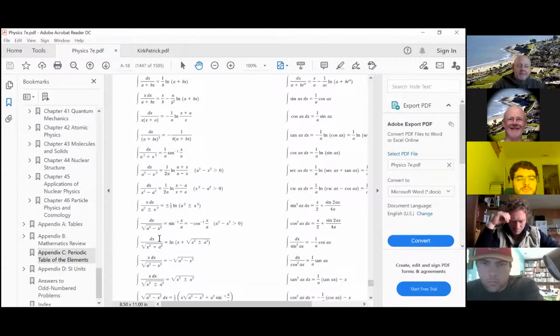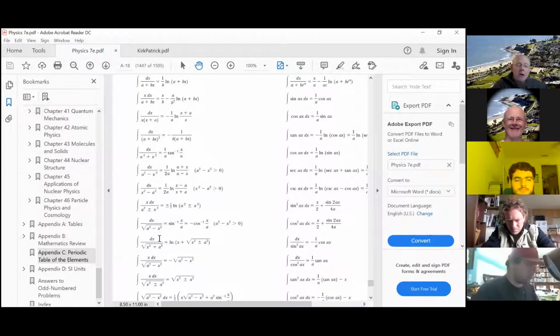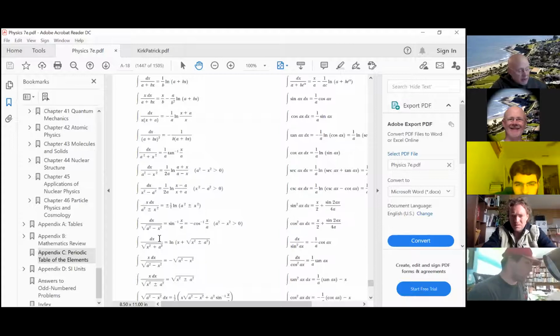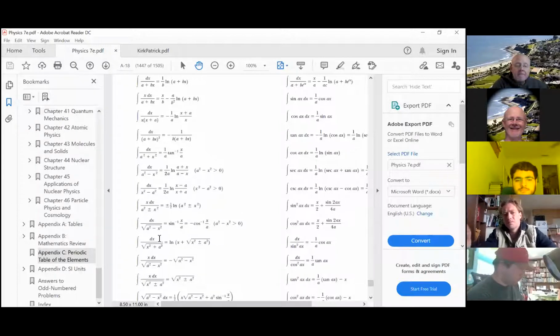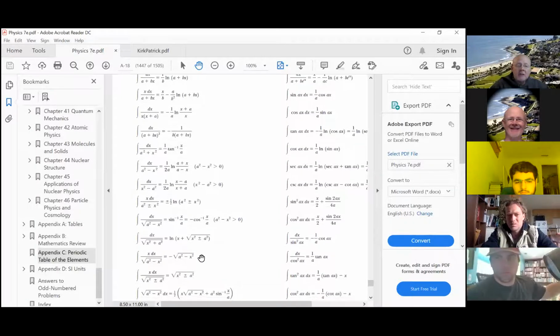So this one says, and I know my camera's not on, but I'm going to write the answer. It's a natural log of x plus the square root of x squared, and why do they have plus minus?